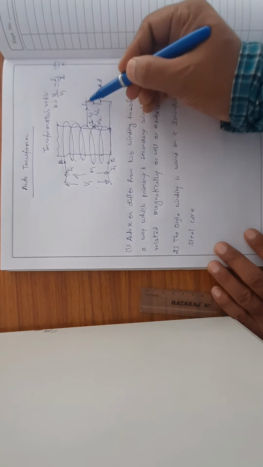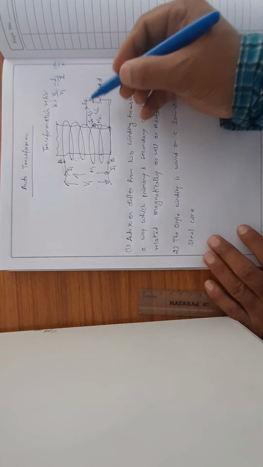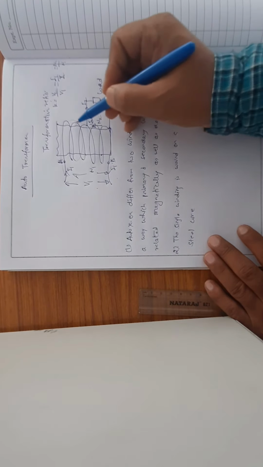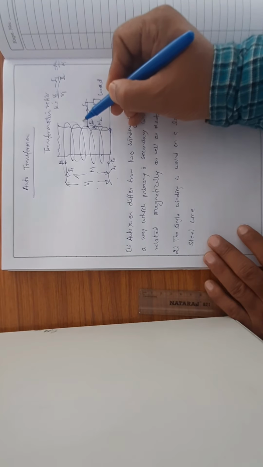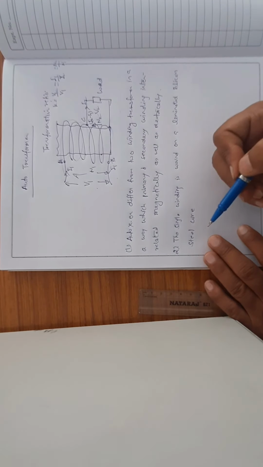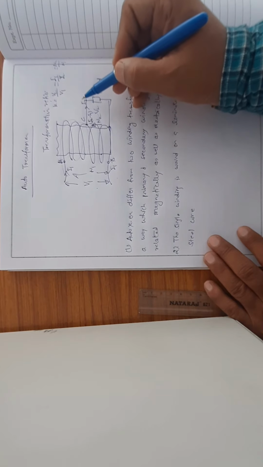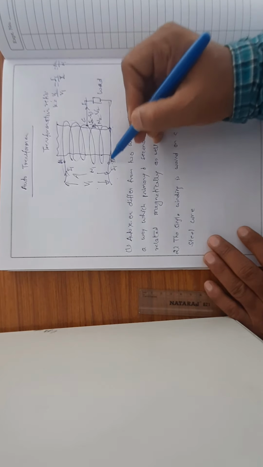To obtain the secondary winding, we take a tapping at point C, and therefore the secondary winding consists of the turns between terminals B and C.